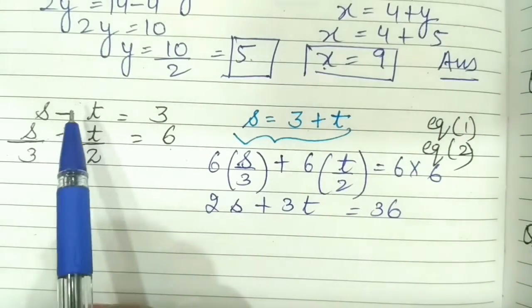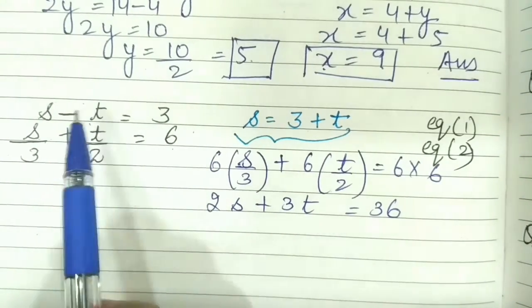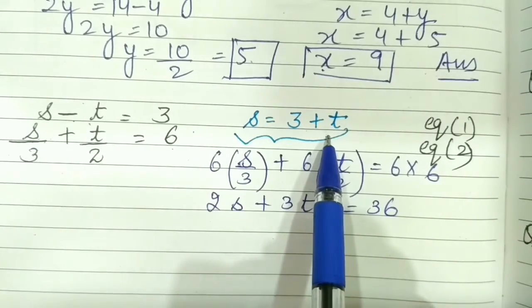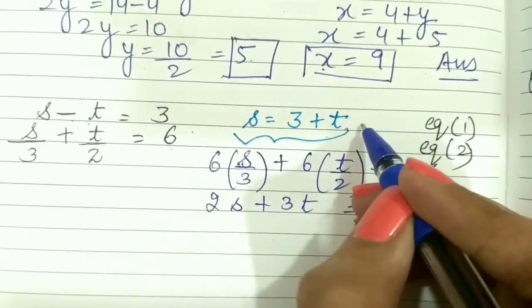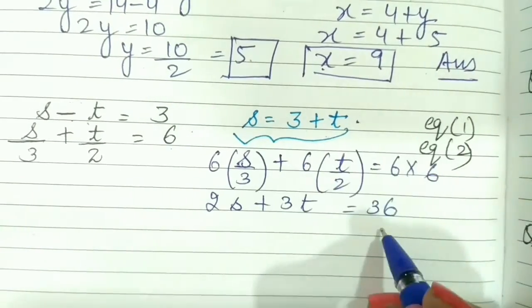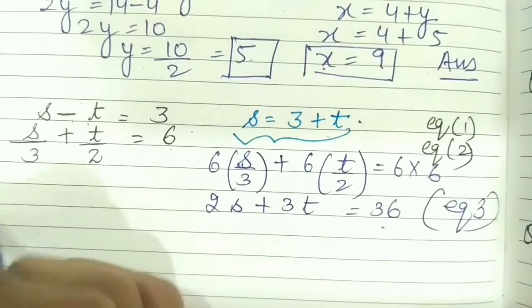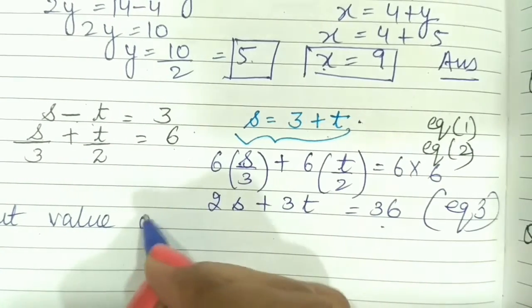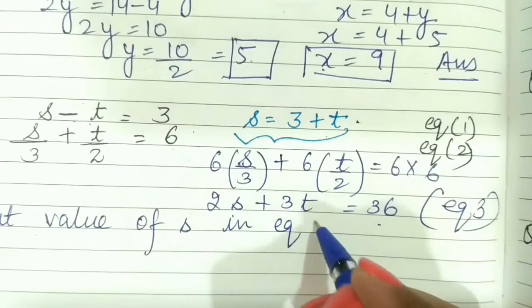On solving equation first, when the variable t shifts from LHS to RHS, the negative sign will become positive. So the value of s will be 3 plus t. Now what we are going to do is put this value of s in equation 3.